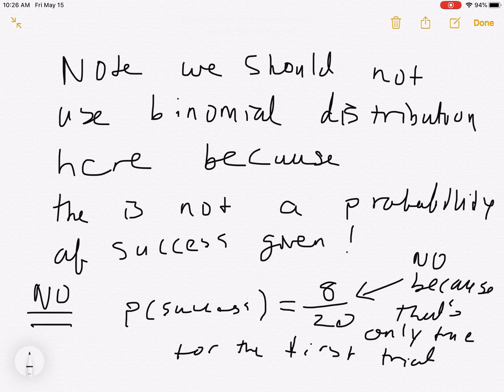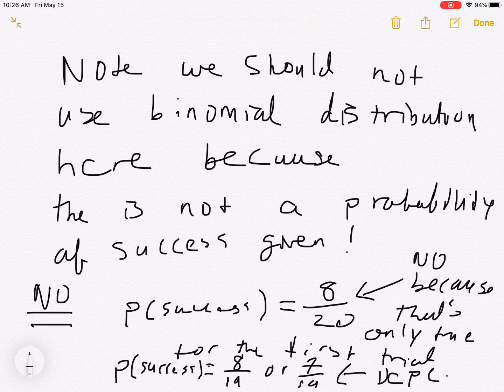In fact, for the next trial, you'd either have to say that'd be 8 out of 19 or 7 out of 19, which shows it's dependent. And that's invalid for a binomial distribution.